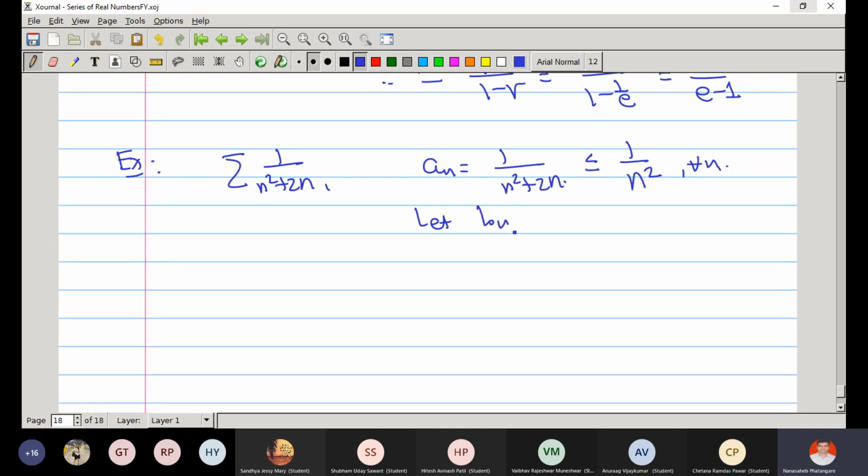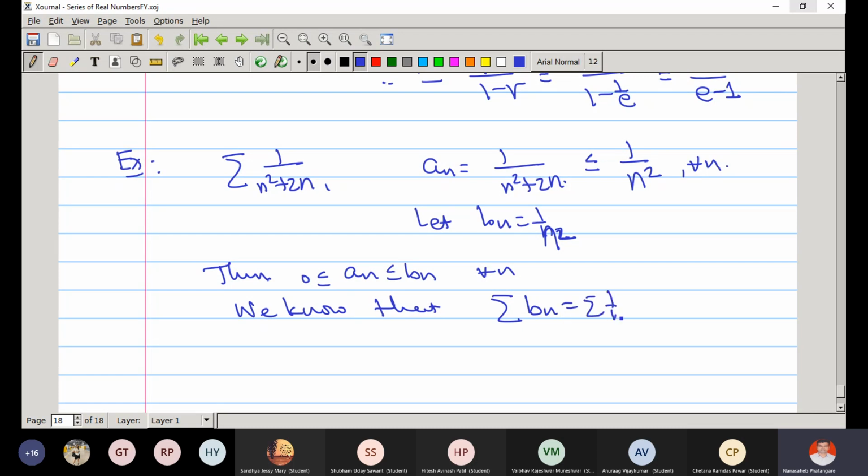So let bn is equal to 1 by n square. Then an is less than or equal to bn, and basically non-negative for all n. We know that the series bn, which is 1 by n square, is convergent, right?